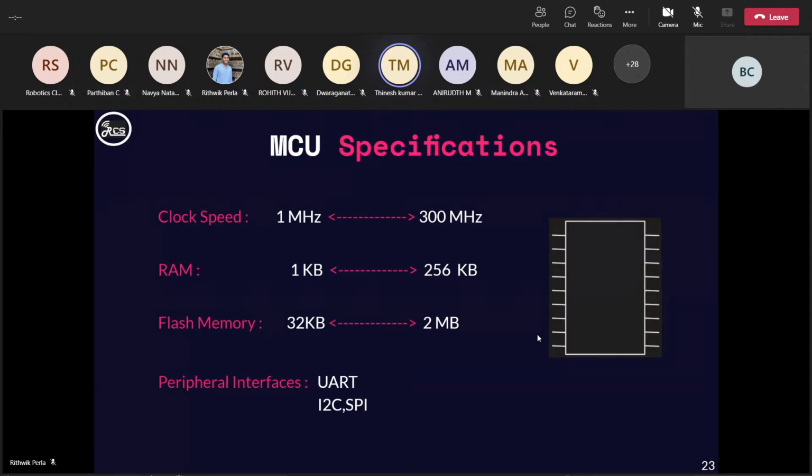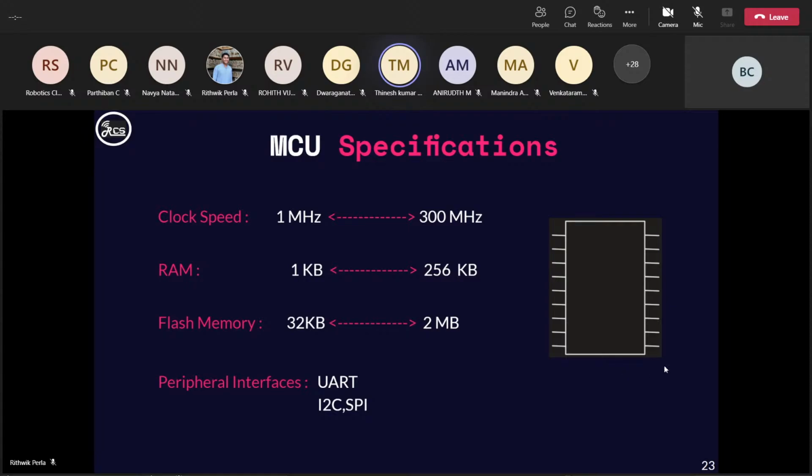I hope you understood the difference. UART is one type of intercommunication protocol, and I2C and SPI are intra-communication protocols.